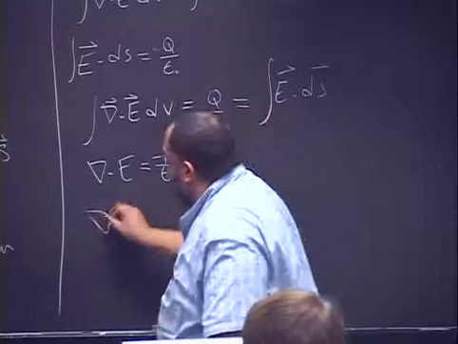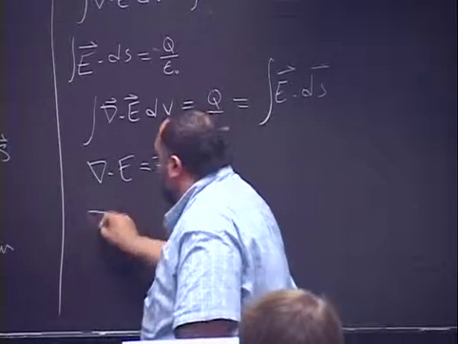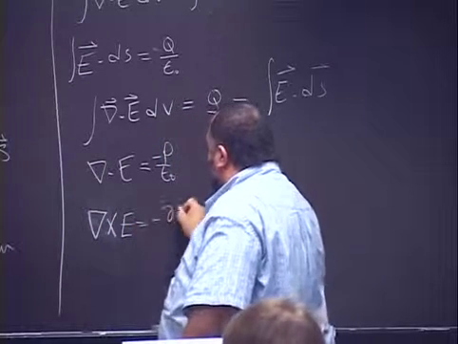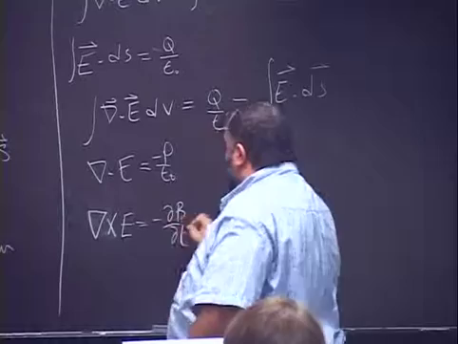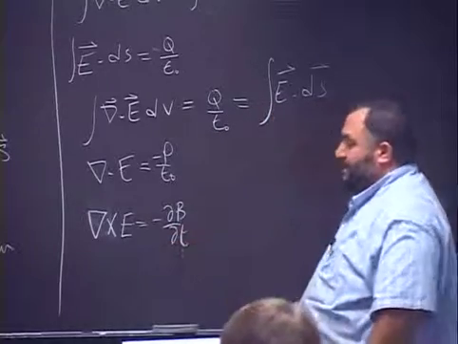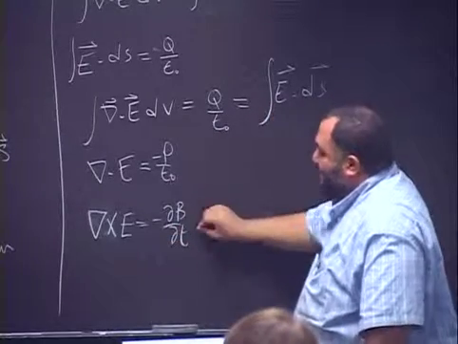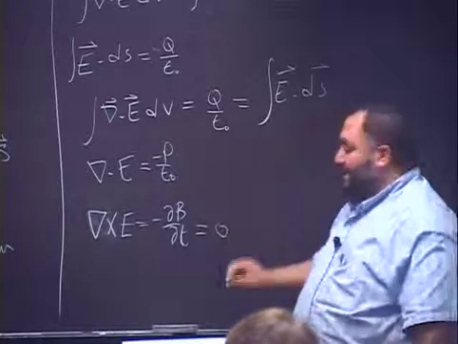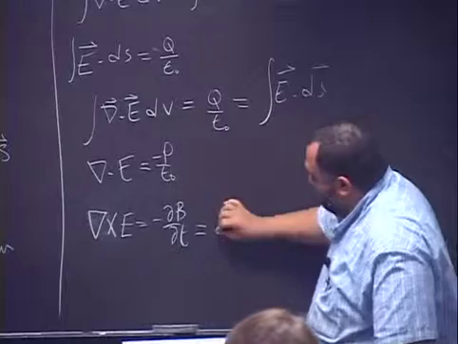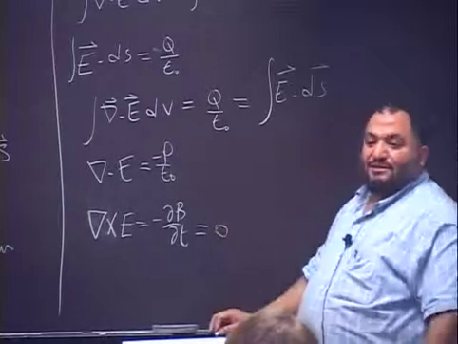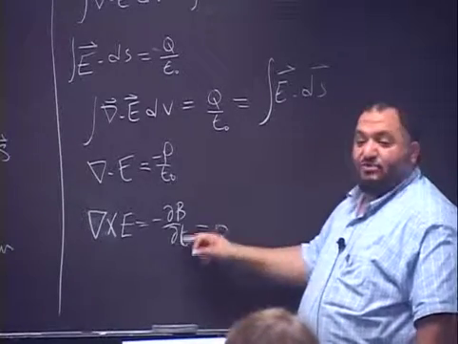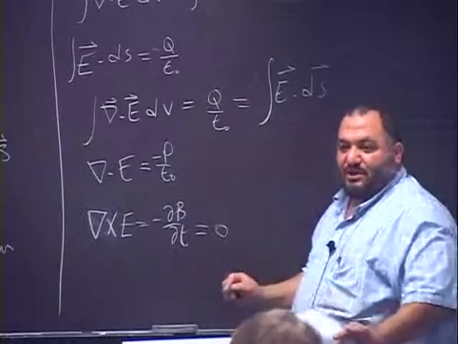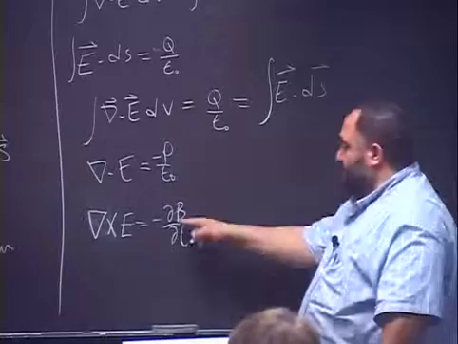But the other equation, the Faraday equation, curl of the electric field is equal to negative dB by dt, the time rate of change of the magnetic field. In electrostatic, d by dt is 0. What does electrostatic mean? There is no time rate of change of the magnetic field. Maybe there is a constant magnetic field, but it does not change with time. So dB by dt is equal to 0.